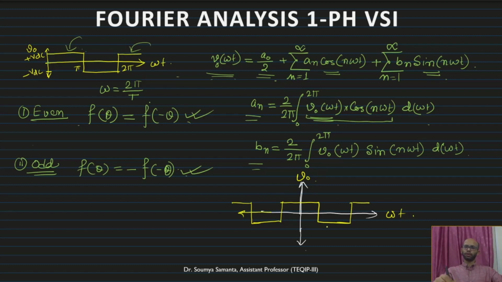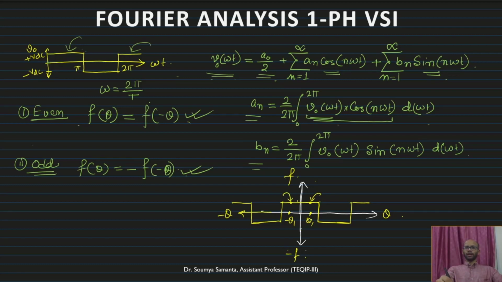Now this is the function f, this is theta, this is minus theta, and this is minus f. Suppose we take theta 1. Now obviously what will be minus theta 1? This will be minus theta 1. Now what is the value of f of theta 1? This is the value. What is f of minus theta 1? This is the value. Okay.